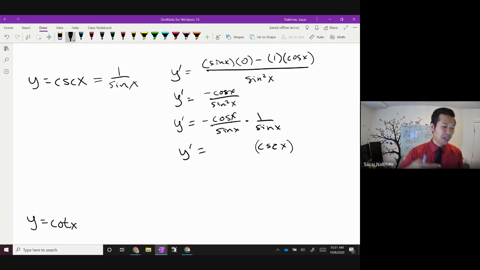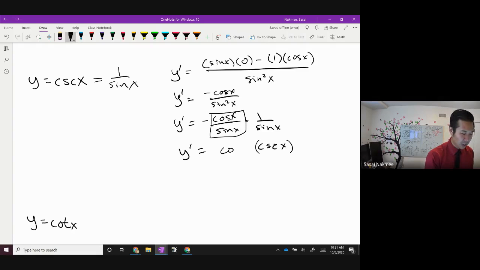If you flip it, you end up with 1 over tangent, or in other words, cotangent. So cosine over sine is actually cotangent of x. And of course, don't forget the negative sign in front. So y prime of cosecant is going to be negative cotangent x cosecant x.